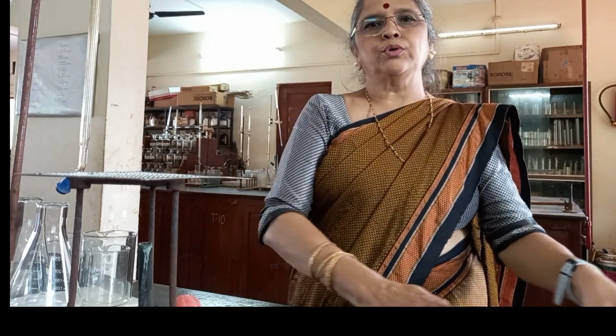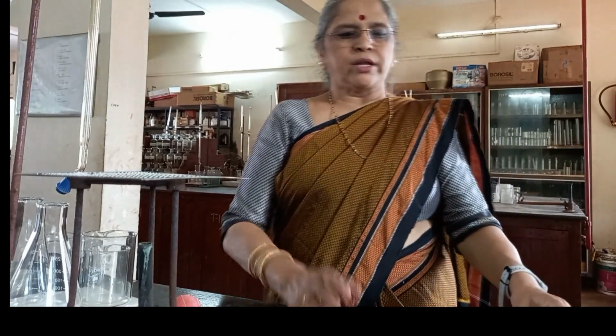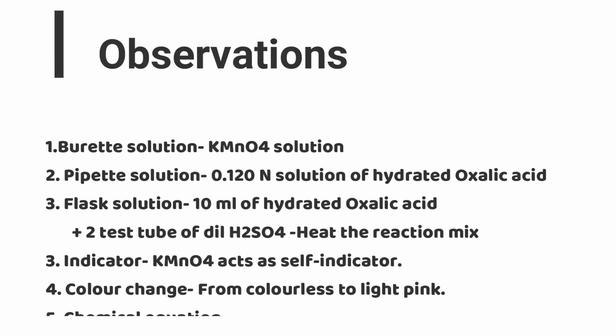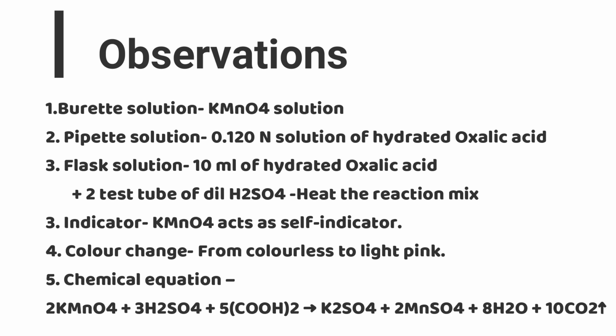Now any titration, when you proceed, you need to write the theory. Write the theory first and then write the observations on the left hand side of your notebook. The observation goes: burette solution. Burette solution is always KMnO4 solution for redox titrations.